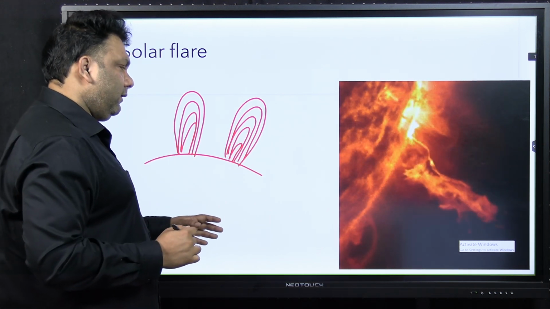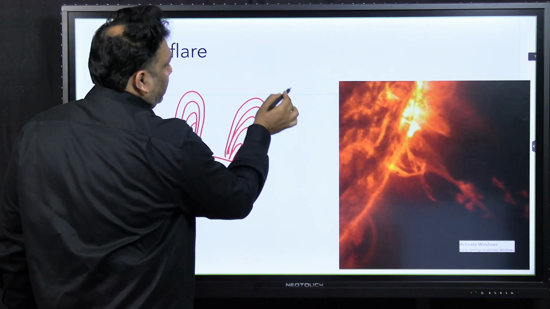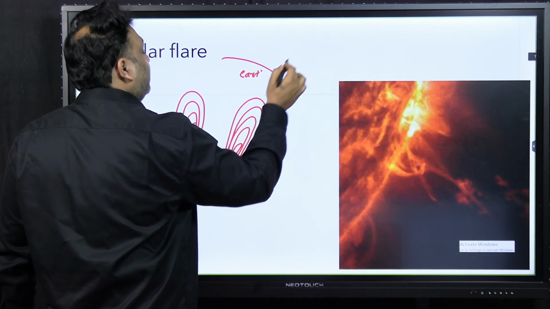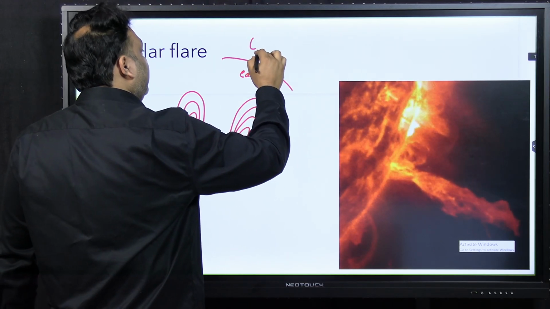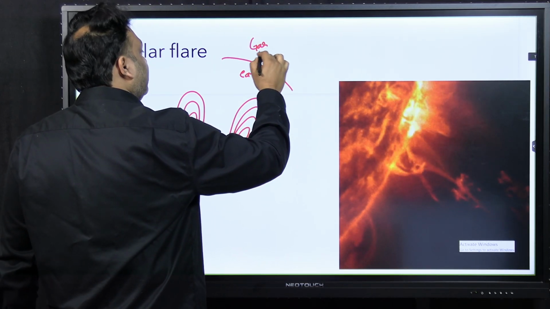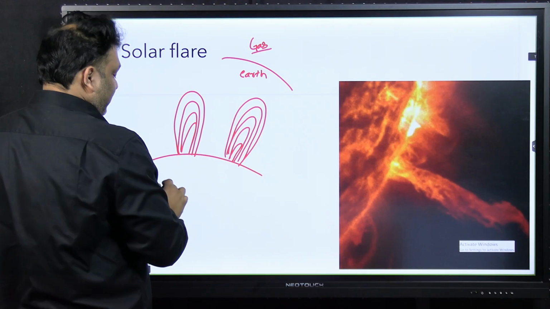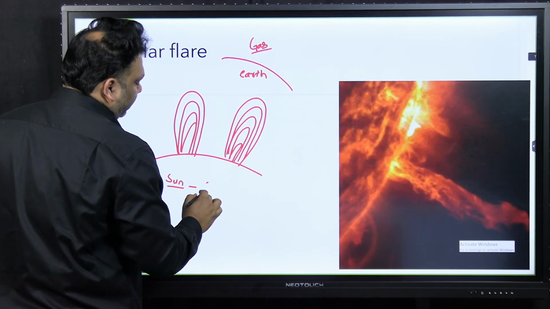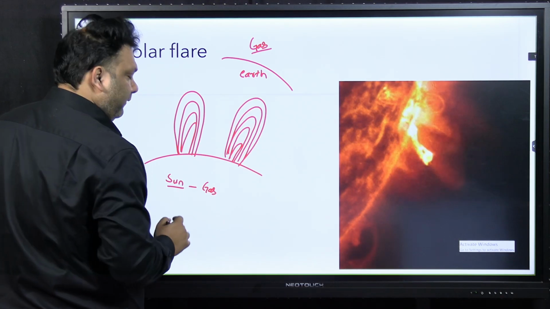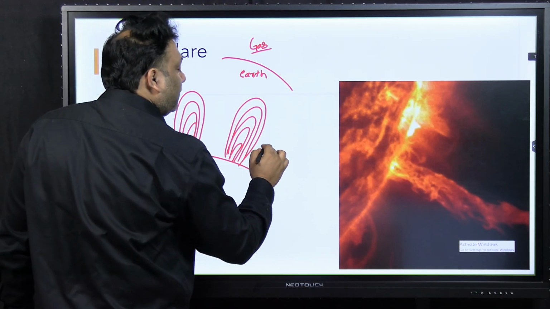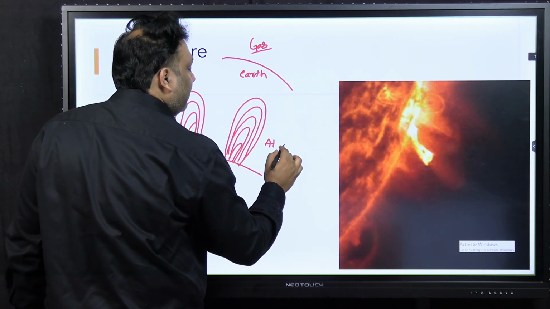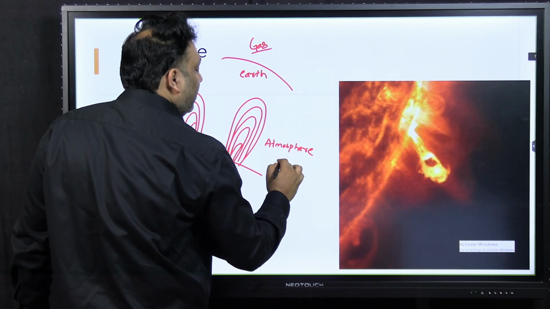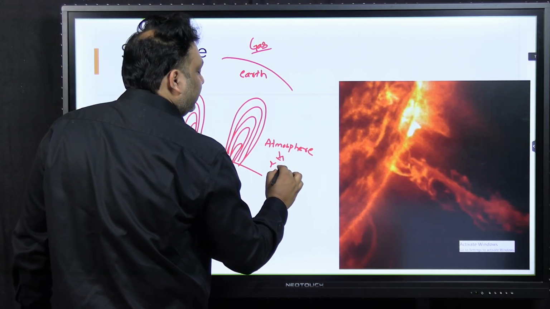And the Earth has an atmosphere, so this is Earth. The Earth's atmosphere is made up of gas, right? Now this is the sun. The sun itself is made up of gas. Therefore, the sun's so-called atmosphere is made up of the magnetic field lines.